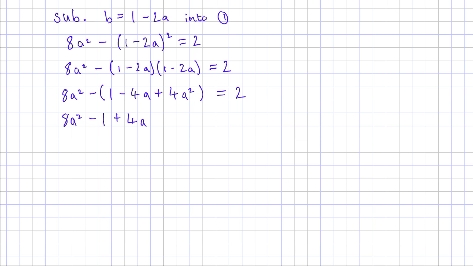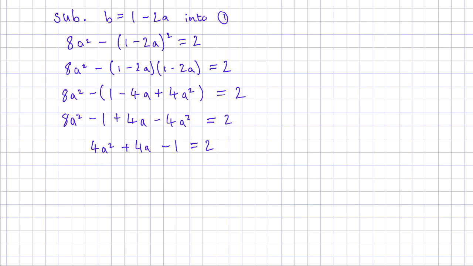And this minus times plus 4a squared is minus 4a squared, and that's equal to 2. Now I'm going to simplify this. 8a squared minus 4a squared is just 4a squared. I have a plus 4a, so I'll write the plus 4a. And I have minus 1 is equal to 2.